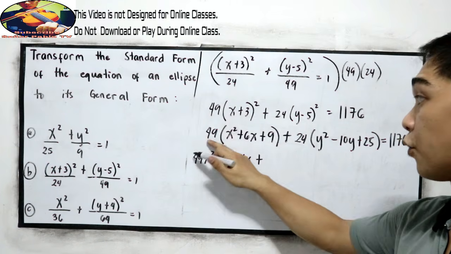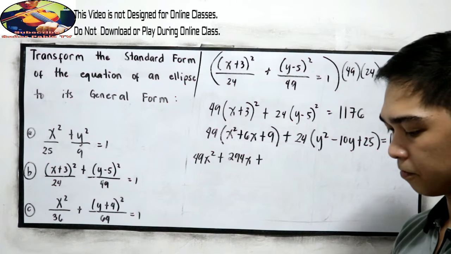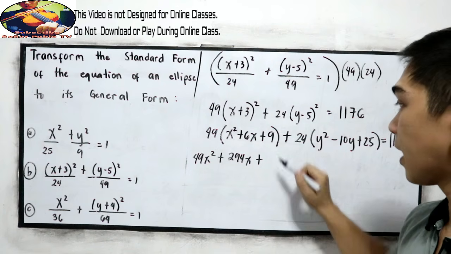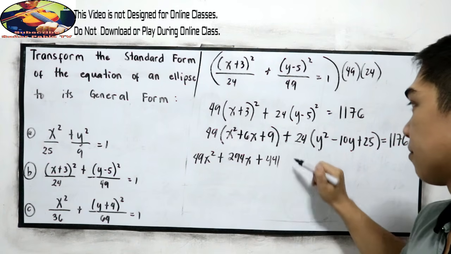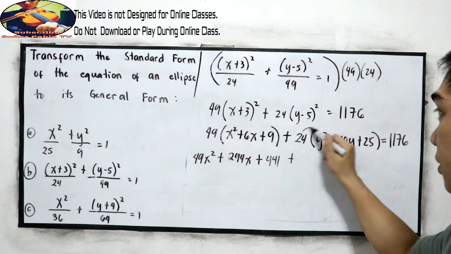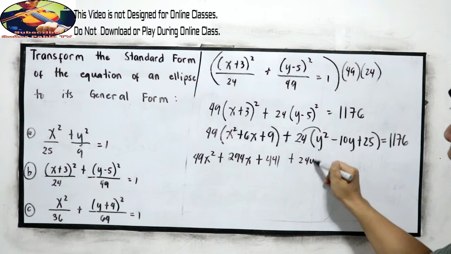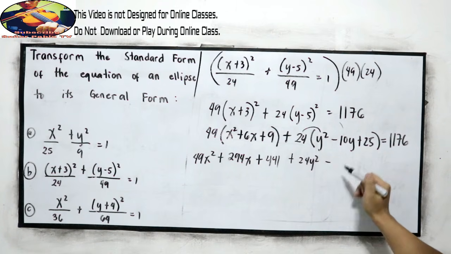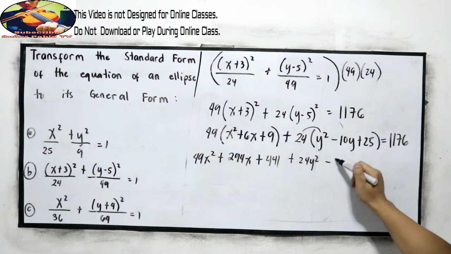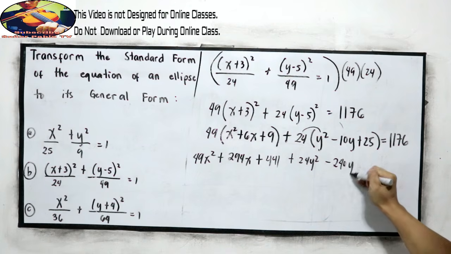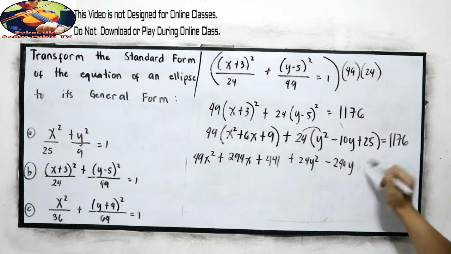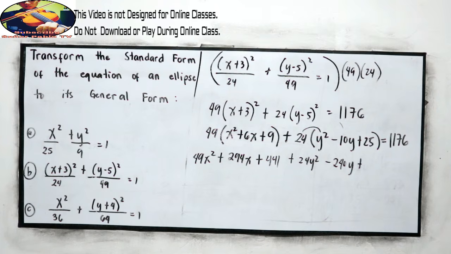Then 49 times 9, that is 441. Plus, distribute 24y squared minus 24 times negative 10, 240y, then 24 times 25, that is 600. 600 is equal to 1176.